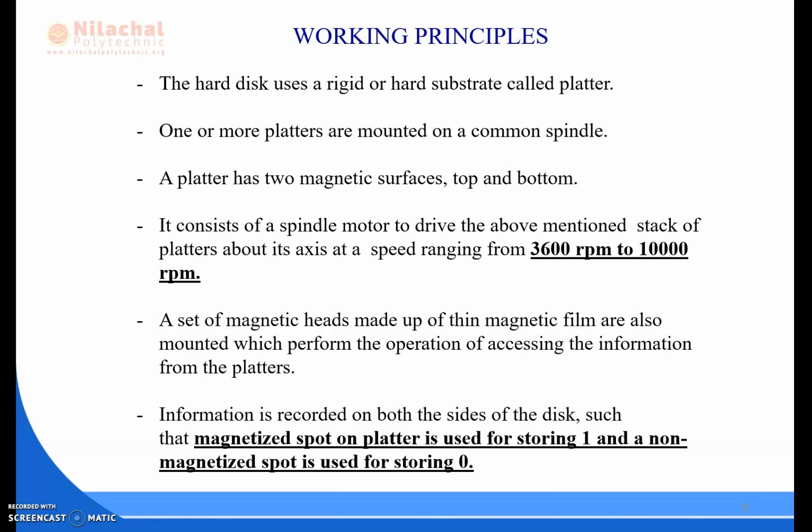Information is recorded on both sides of the disk such that magnetized spots on the platter are used for storing 1 and non-magnetized spots are used for storing 0. This is the way digital data is stored on a platter.